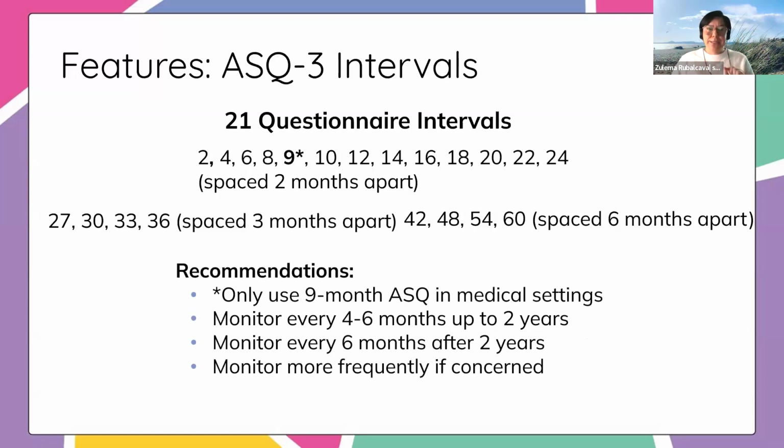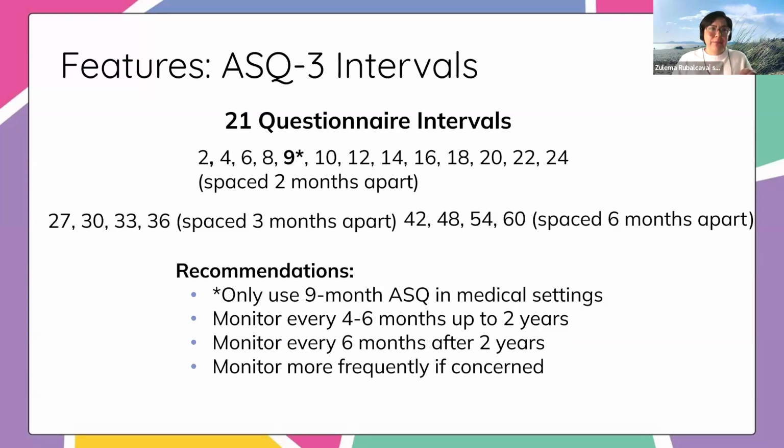The 9-month questionnaire has a little asterisk. That one was added into this new 3rd edition. From the 2nd edition to the 3rd edition, they added the 9-month to make it easier for healthcare professionals who have a mandate from the American Academy of Pediatrics to screen at the 9-month well-child visit, at the 18-month well-child visit, and at 24 and 36.